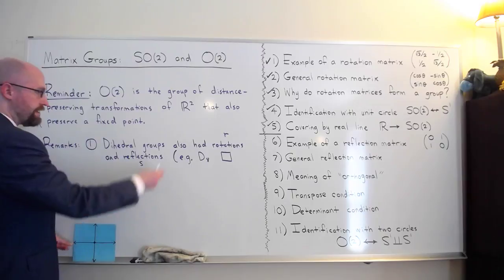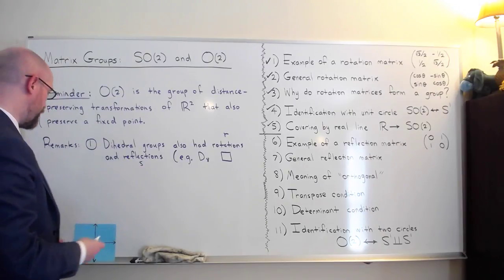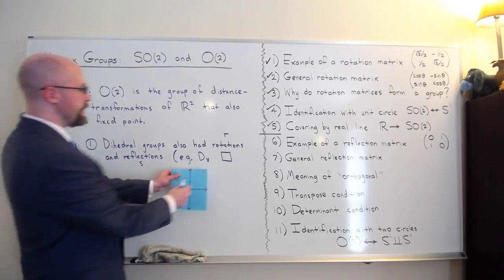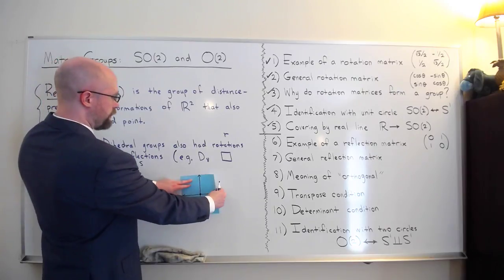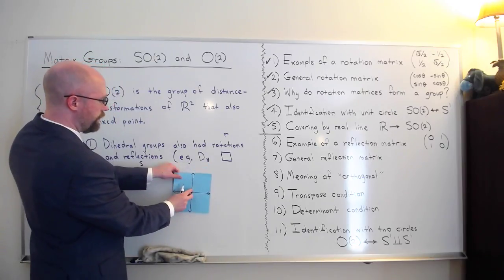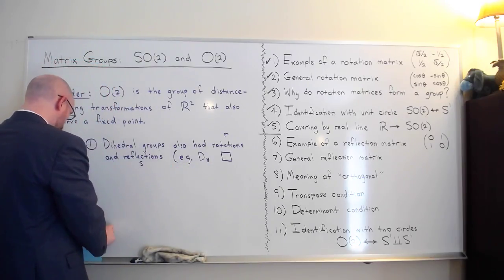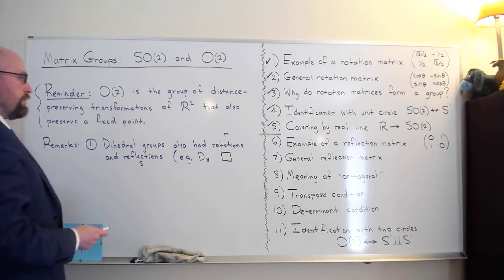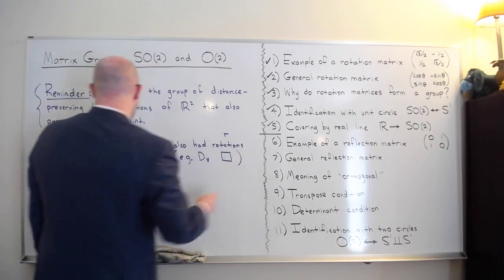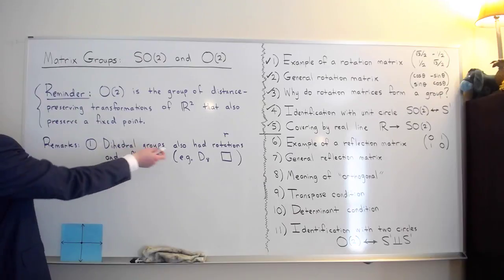And of course, there's the identity rotation too, which doesn't do anything. And then we had the reflection, and we chose one particular axis to reflect across, which I think was the vertical one that went this way. I don't remember for sure.